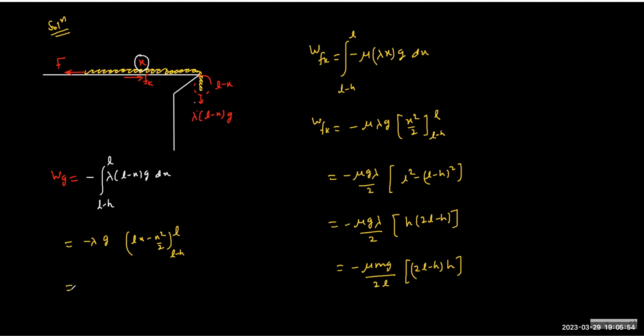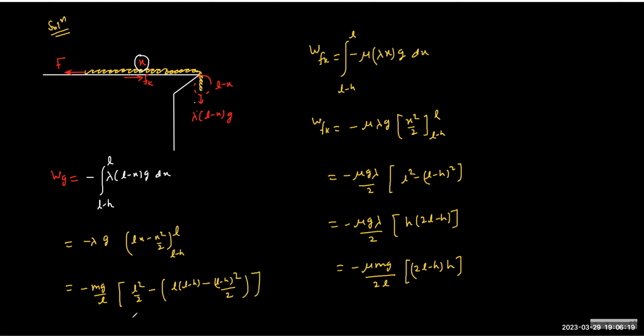And if you want to write this part, if you put the upper limit L, it is L square by 2. And if you put the lower limit, it is L minus H whole square by 2.